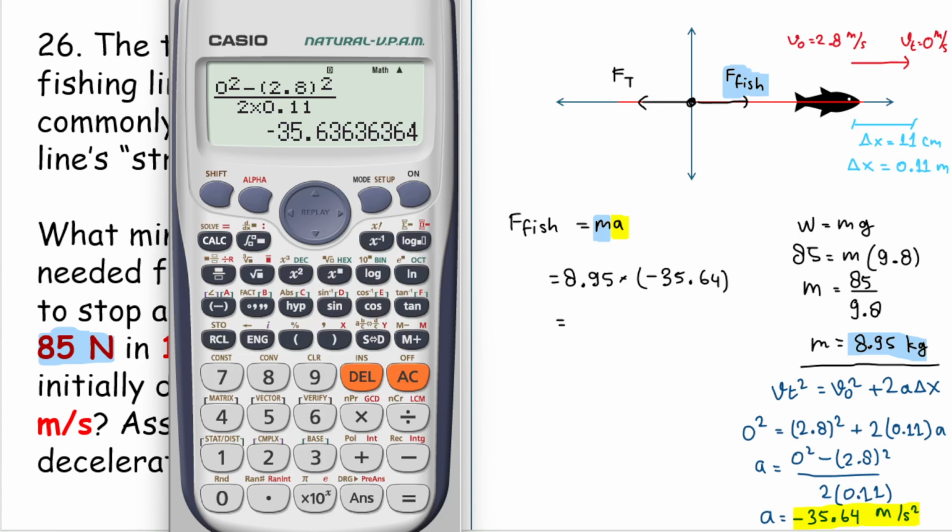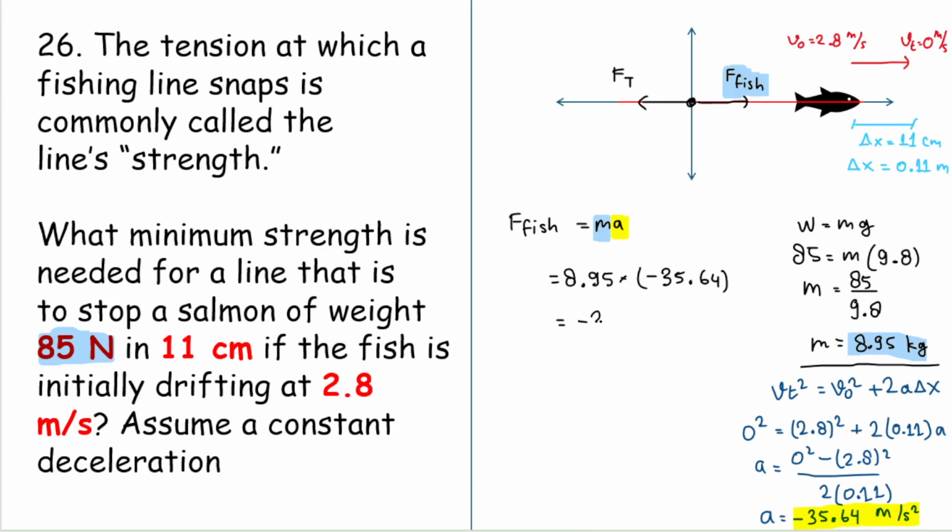So we have 8.95 multiplied by minus 35.64, and that will be minus 318.98, and the unit here will be Newton.